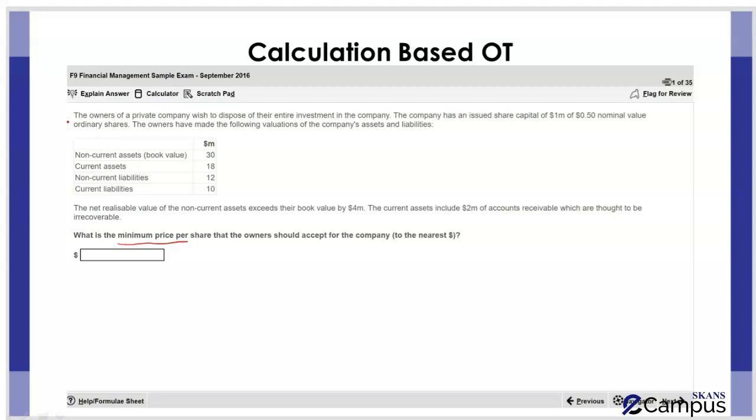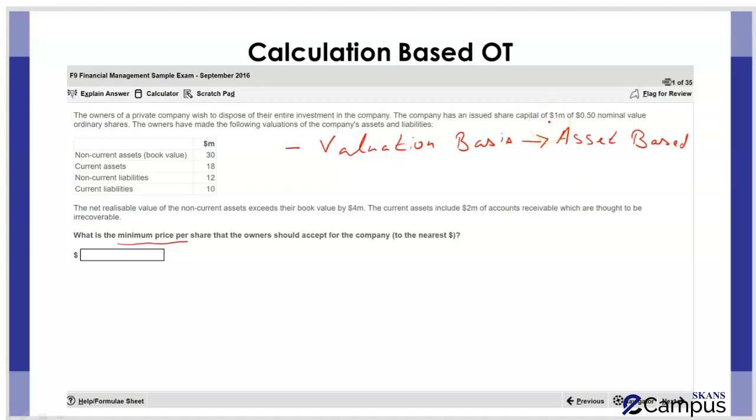In this question, for the minimum price, you need to know the valuation base, which is asset based in this case. Then, what are the necessary adjustments to be made?